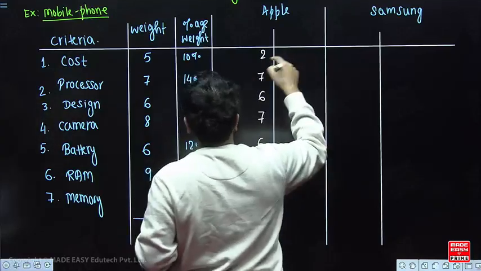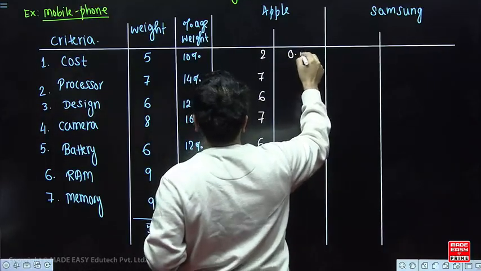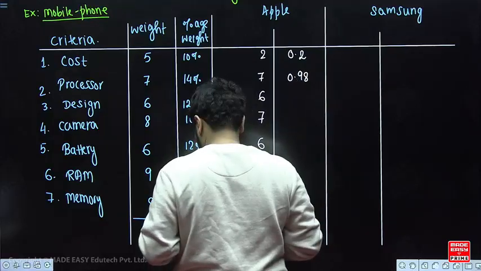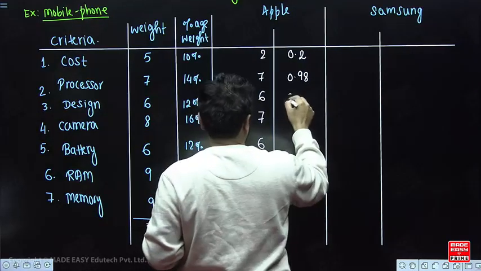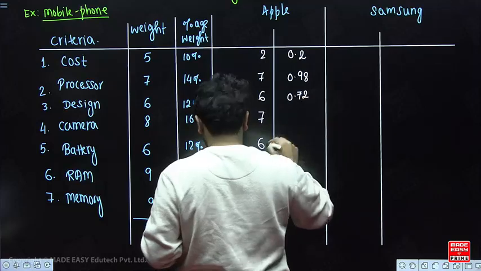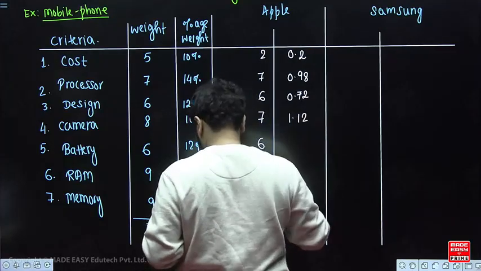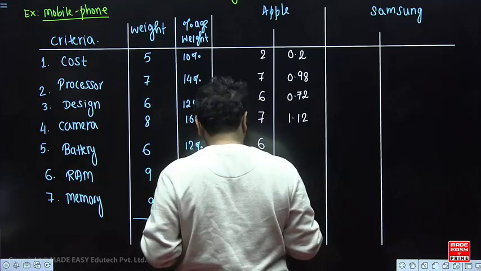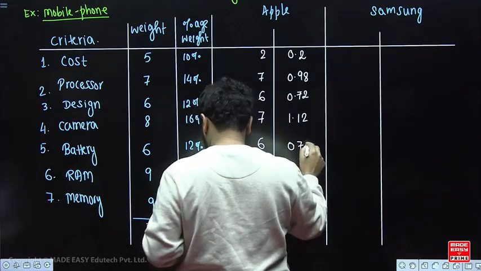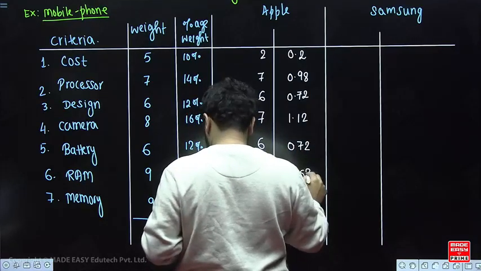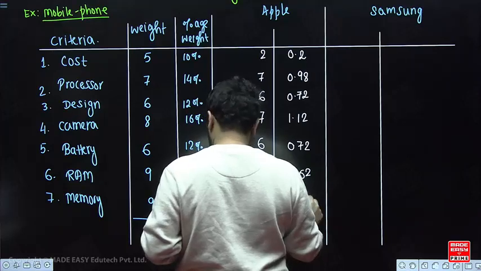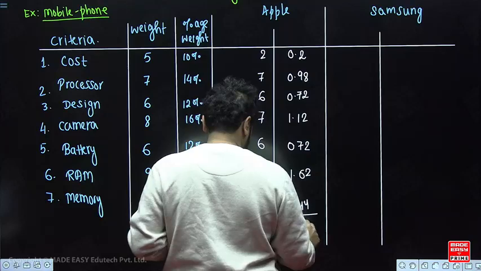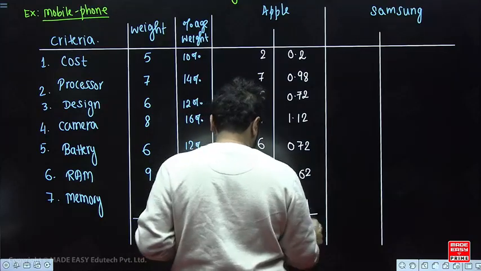Weight percent: 2 into 10% is 0.2, then 0.98, 0.72, 1.12, 0.72, 1.62 and 1.44. If you sum it, it comes to 6.8.